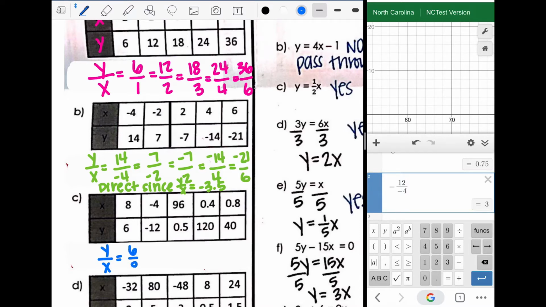So I'm going to make a note here. We had 6 over 8, and that is not equal to negative 12 over negative 4. Okay, so since this value is 0.75, that is not equal to 3. So that is not direct.